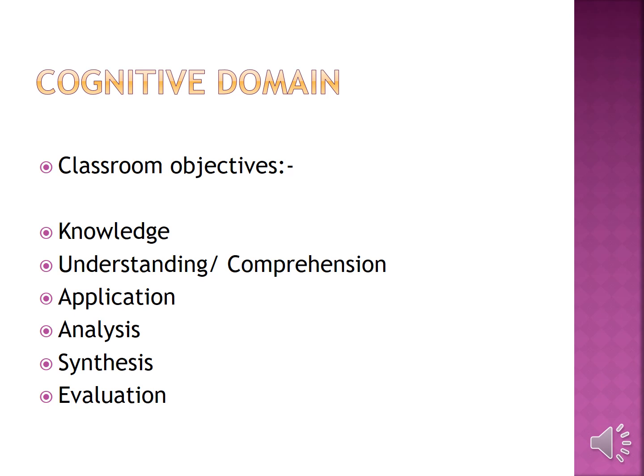Why am I going into the class? If you are specifically writing it down as knowledge, comprehension, and application, these are nothing but the cognitive domain. Now, what is knowledge particularly? Knowledge is the noun form, comprehension is the noun form, and application, analysis, synthesis, evaluation are noun forms, but understanding is the verb form.